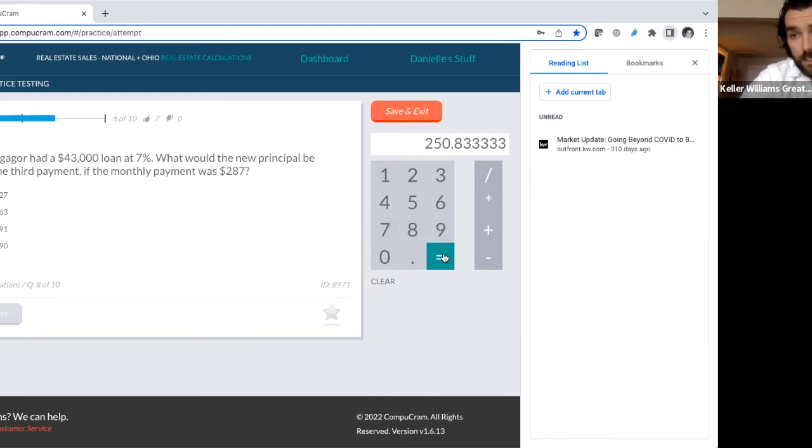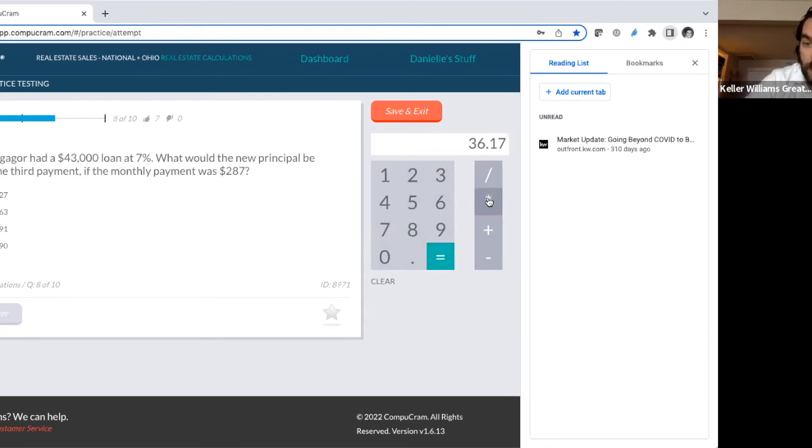So the question wants to know, what is the remaining principal after 3 months' payment? Well, we know our monthly payment is $287. So we take $287 and subtract $250.83. That means that of that $287 payment, $250 is going to interest and $36.17 is going to principal.